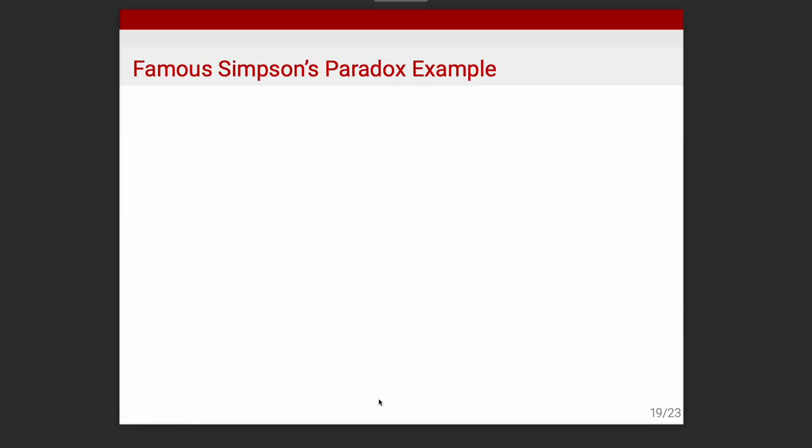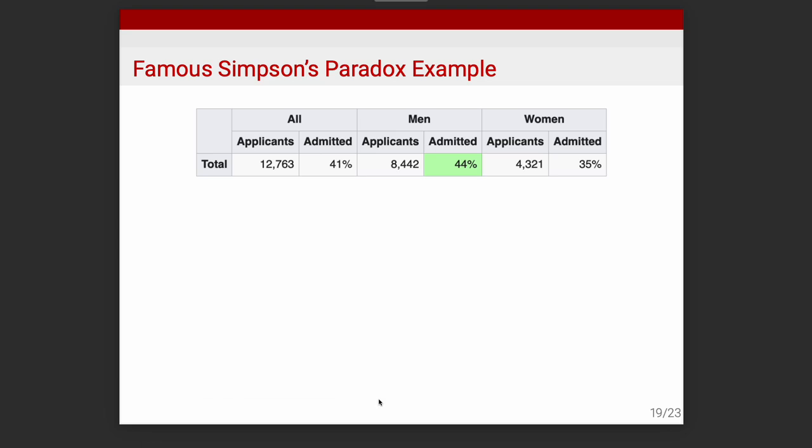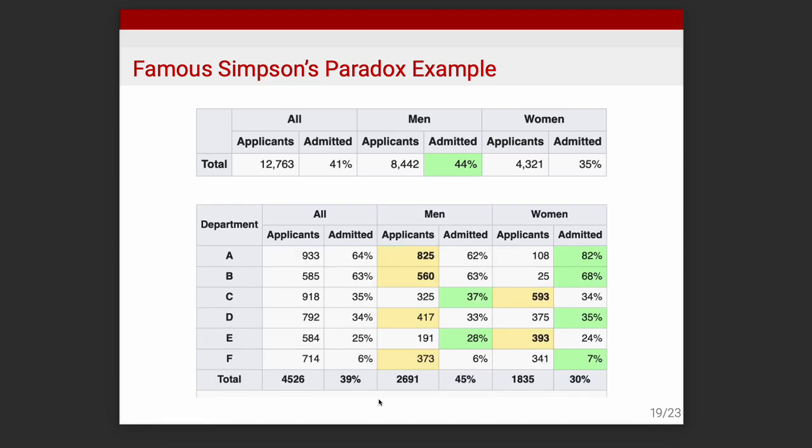The answer is that how the conditional probabilities get weighted together matters a lot. In other words, the women generally were applying to harder to get into departments, which led to the overall discrepancy, even though, at least in this example, marginally there was a big difference. Conditionally, there wasn't a big difference.